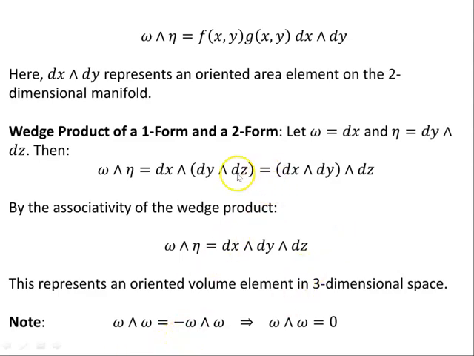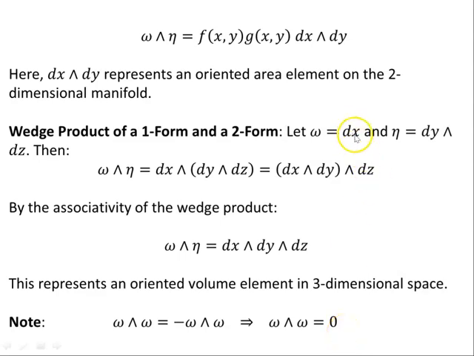But just note, swapping two of these basis one forms, just taking omega and wedging it with itself, omega wedge omega is minus omega wedge omega, so that implies that omega wedge omega is 0. And we're going to see that where you're dealing with the odd case, as in omega is a one form, this holds, and so wedged with itself, it will be 0.